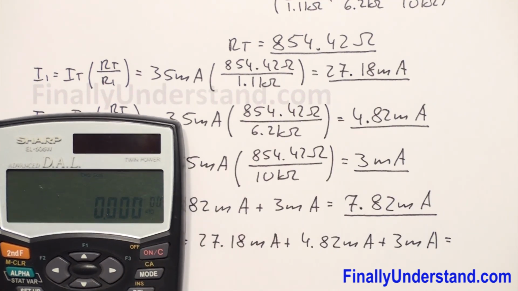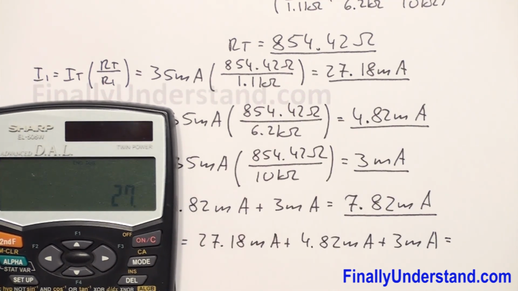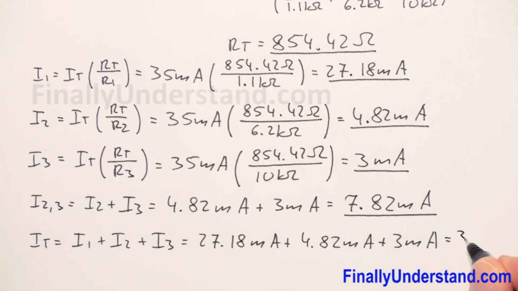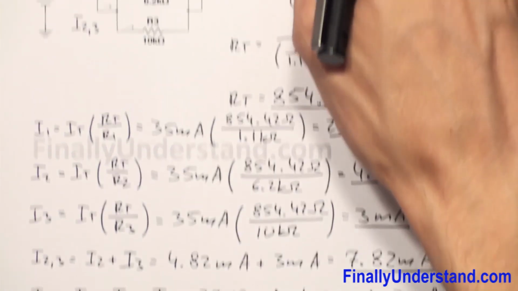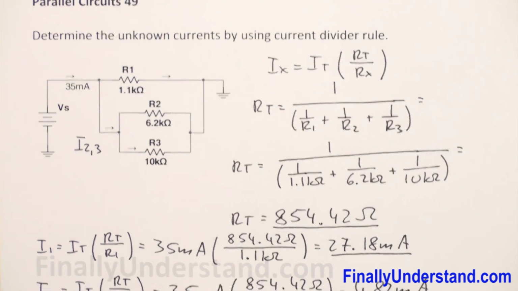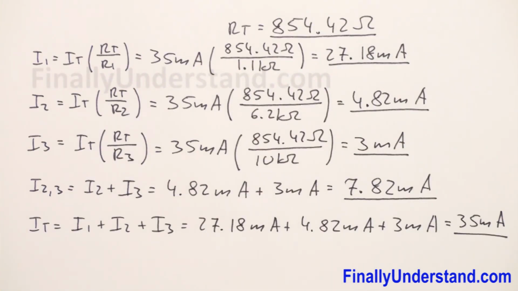Let's use the calculator: 27.18 exponent negative 3 plus 4.82 exponent negative 3 plus 3 exponent negative 3 equals 35 milliamps. We got 35 milliamps, and at the beginning we had also 35 milliamps. So it means that all our answers are correct.